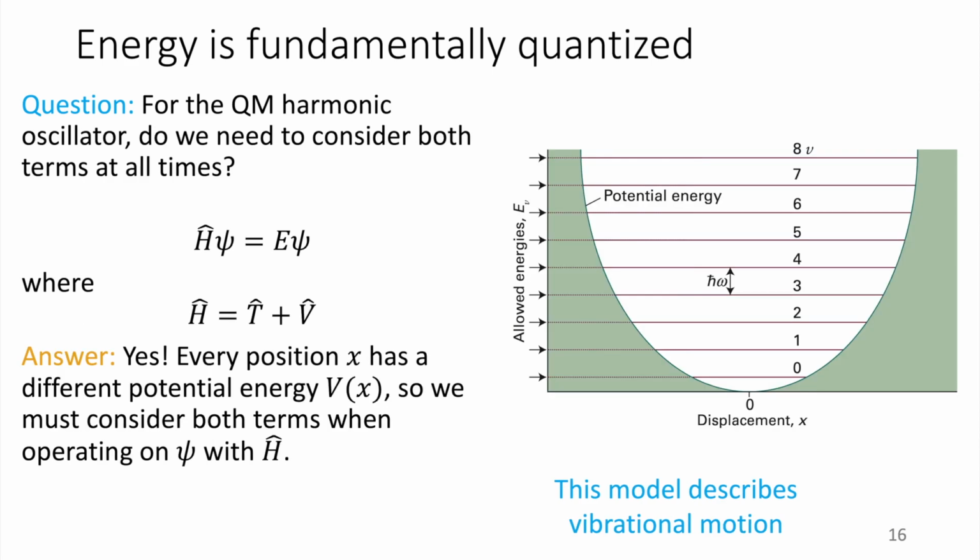And of course, we also looked at the quantum harmonic oscillator, which is going to be very important for today's discussion. So in this case, both the potential and kinetic energy terms are always important because there's going to be some contribution depending on where the oscillator is in its motion. It can stretch, it can be compressed, it can vibrate essentially.